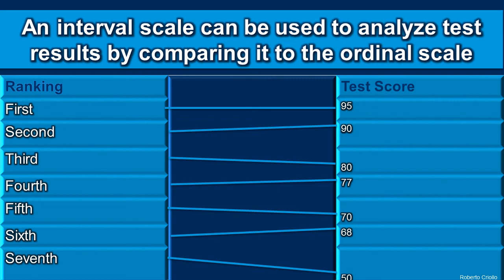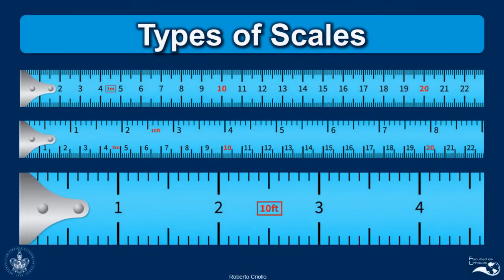So we can see between the first and the second students there are only 5 points, but between the second and the third there are 10 points, and then again from the third student to the fourth students there are only 3 points. But it doesn't matter. This student who got 80 points is the third place, and the student who got 77 points is forcibly number 4. Okay, even though there are just 3 points, any point makes a difference, but we can see here the distinction between.